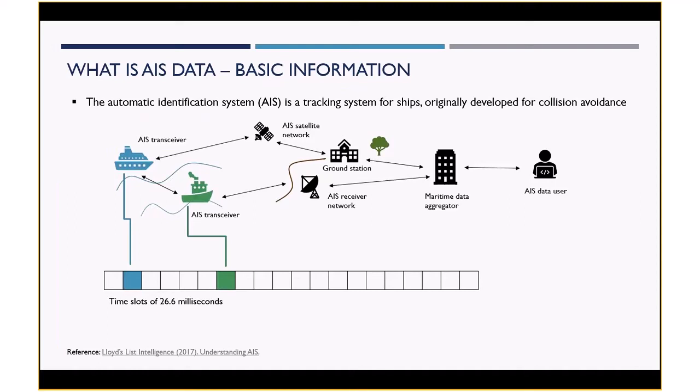And what happens is that every few seconds, AIS equipment on the ships automatically broadcasts data signals over very high frequency radios. And what you can see is that this happens both across ships, but also from the ships to either the AIS satellite network receivers or AIS receivers on the land, so land-based AIS receivers.